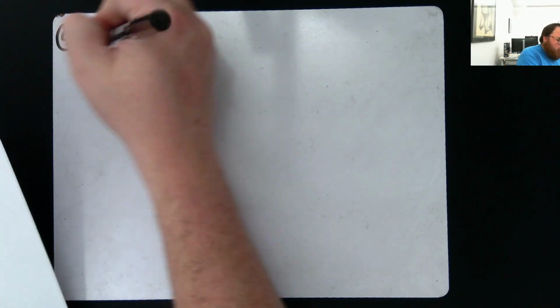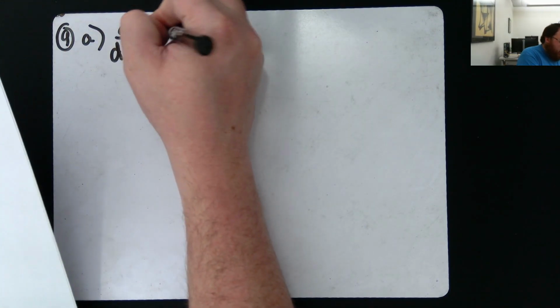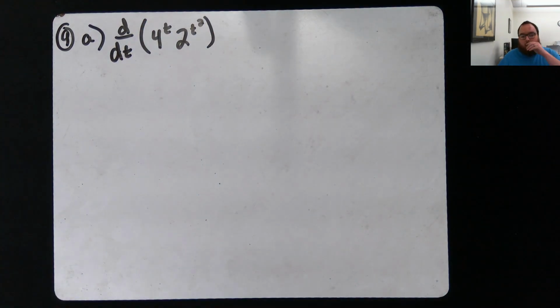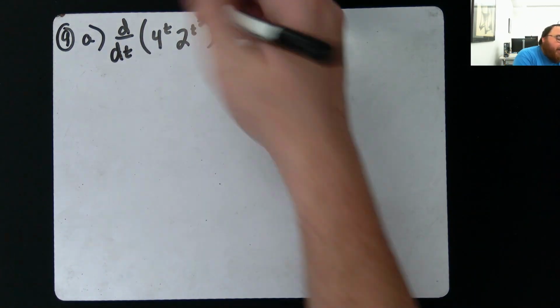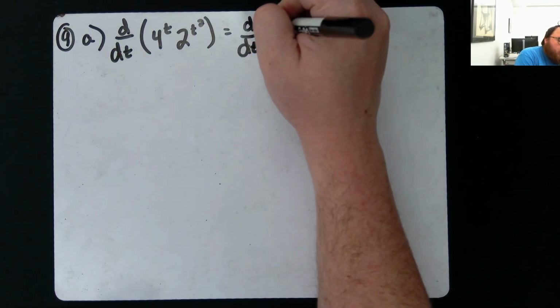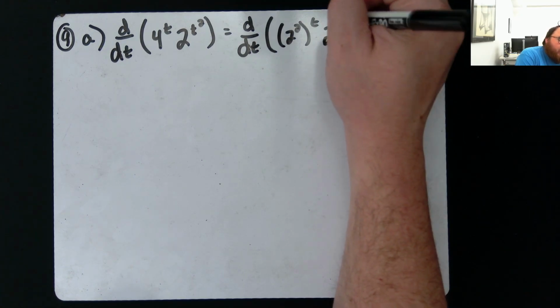Part A wants us to do the derivative of 4 to the t times 2 to the t squared. Again, it's always really helpful if I can make this into one term instead of two. Notice that 4 is 2 squared, so I could rewrite that as 2 squared to the t times 2 to the t squared.